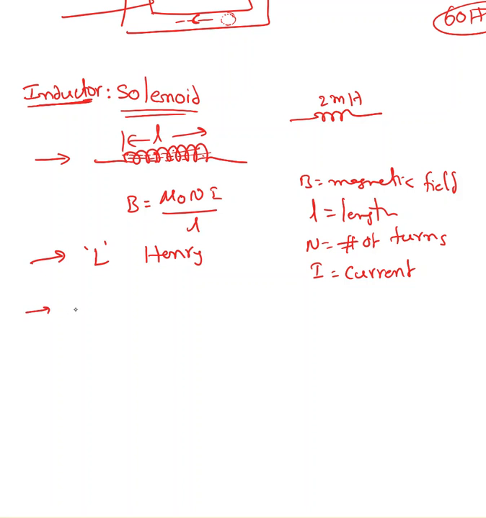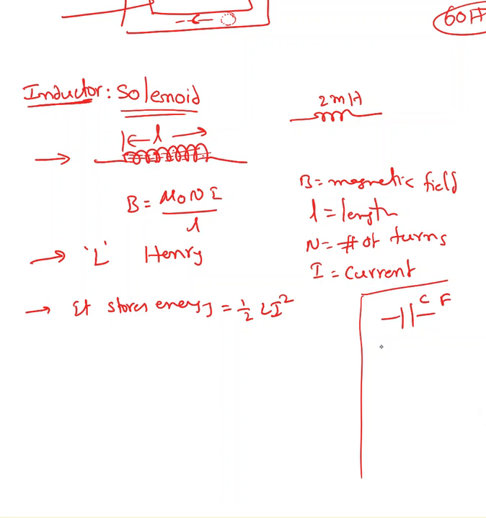The first one is it stores energy. That energy is half L I square. It is almost similar to the capacitor. Let me put capacitor here. Here is capacitor C measured in farad. Capacitor stores energy, which is half C V square.